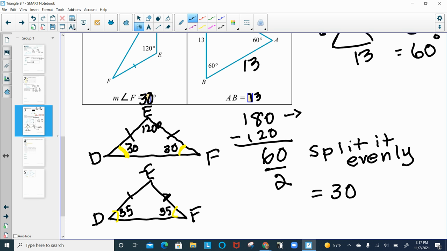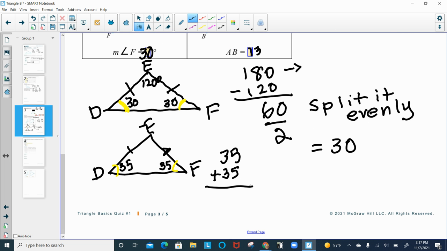And then we would have to add these two up. Running out of space here. Give me just a second to get a little more whiteboard space. And that would be 70. And when we subtract that 70 from 180, that makes angle E 110.